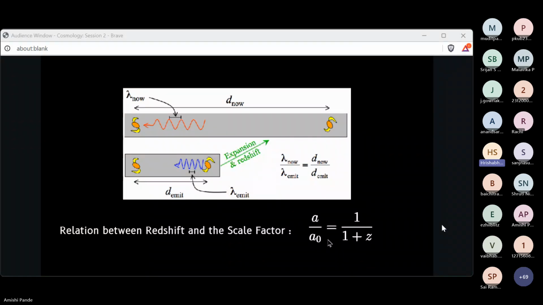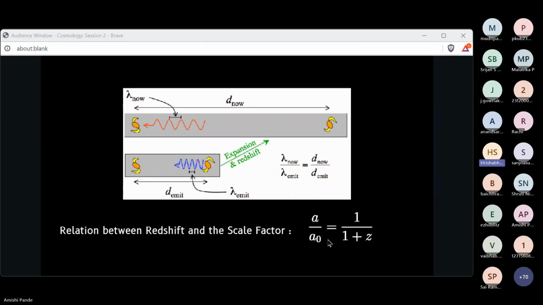But that also means that in the past, a was less than 1. If I say that a naught is 1, I'll say a is less than 1, or a is less than a naught. But then z is defined as an inverse relation to it. So for z, if we look at the farthest objects to our planet or to our galaxy, since the relation is inverse, these objects have a higher z value.